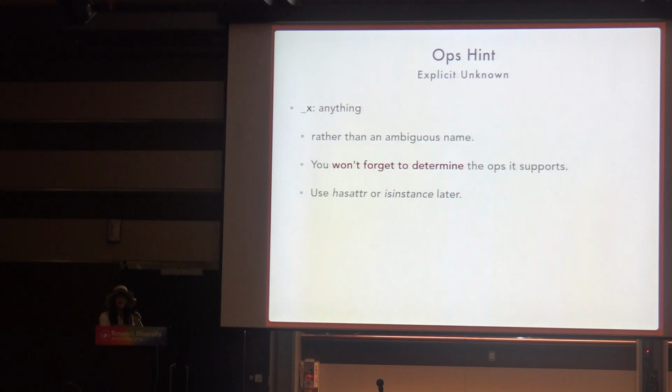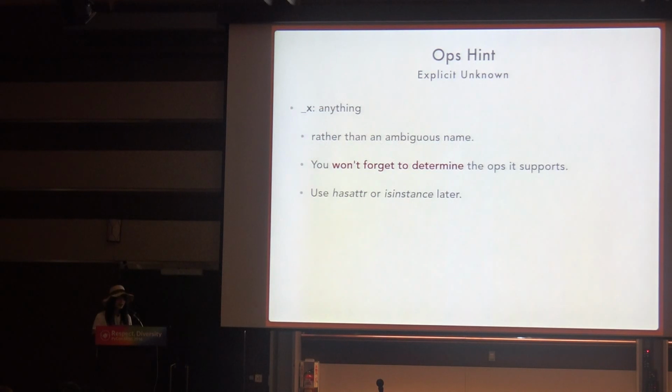There is some other technique you can use, like explicit unknown. We all know Python is a dynamically typed language, so you can pass anything into a function. But sometimes we do accept very dynamic variables.